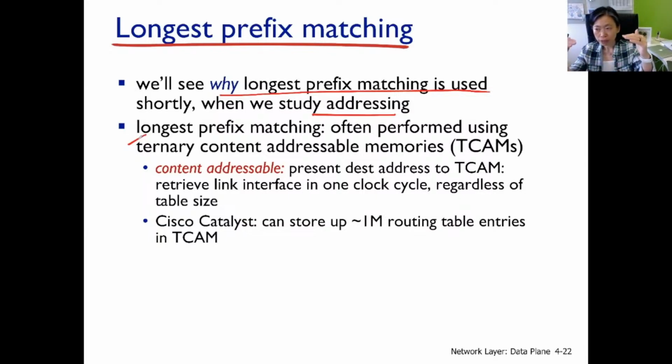If you recall, in the lower part of the router, the data plane, we often use hardware to optimize all sorts of processing there. Longest prefix matching is performed this way, also using specialized hardware called TCAMs, ternary content addressable memories. The idea is this. It's not strictly a memory space.